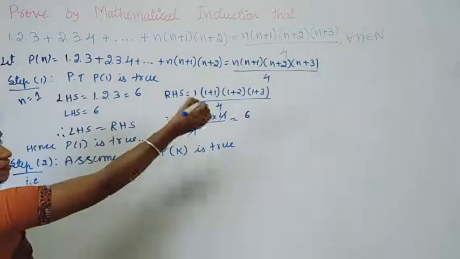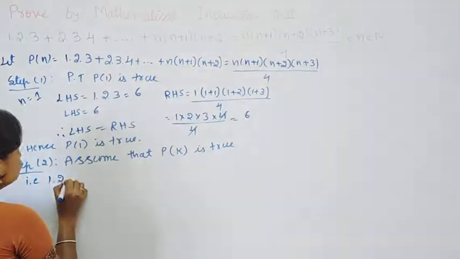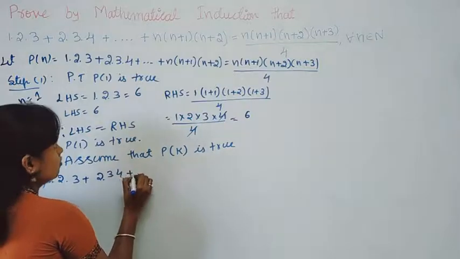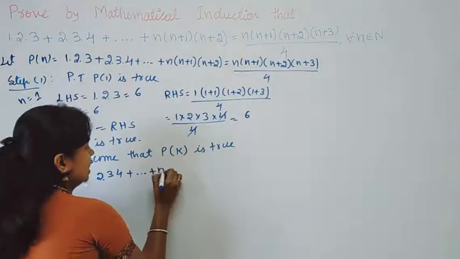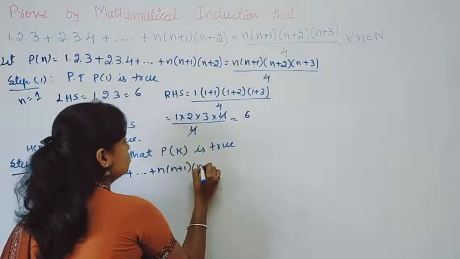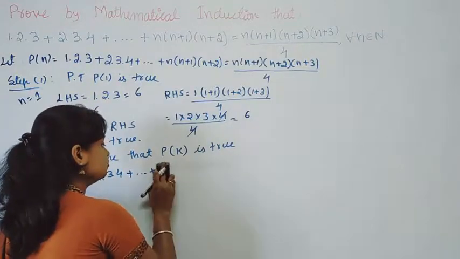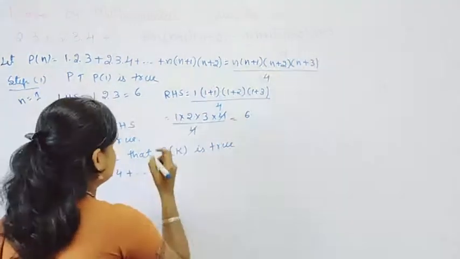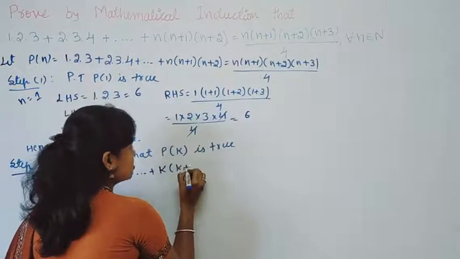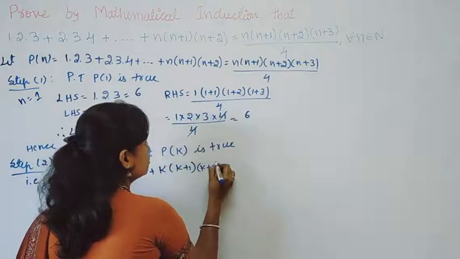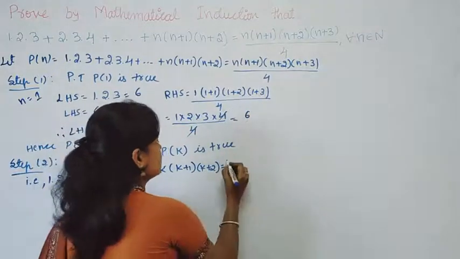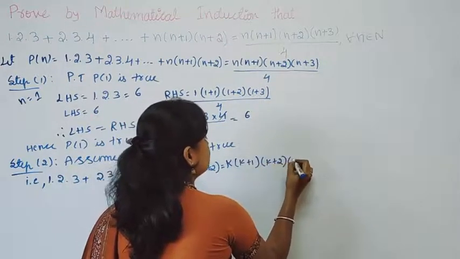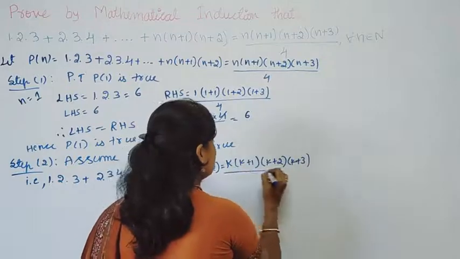The given statement becomes 1 into 2 into 3 plus 2 into 3 into 4 plus etc. plus k into k plus 1 into k plus 2, which is equal to k into k plus 1 into k plus 2 into k plus 3 whole divided by 4.